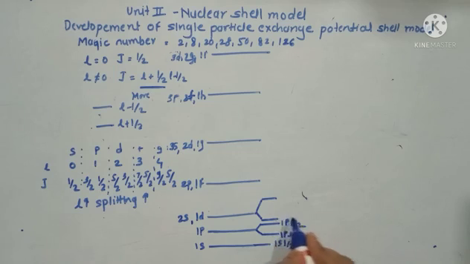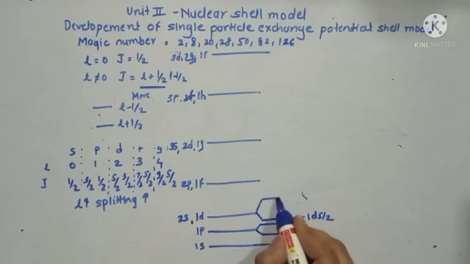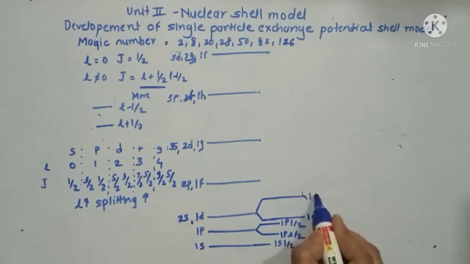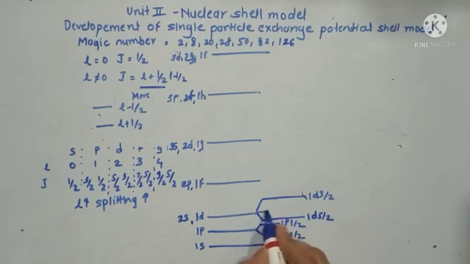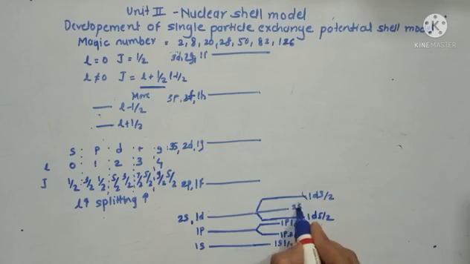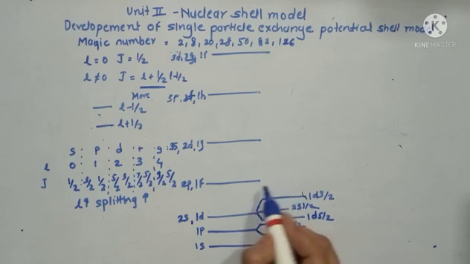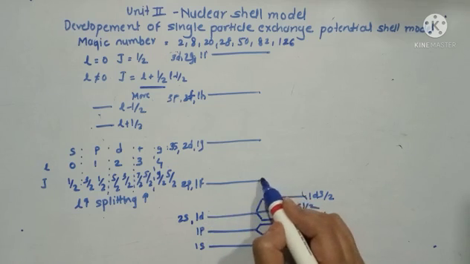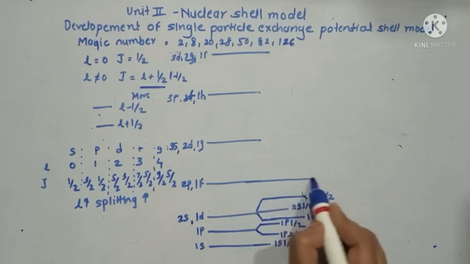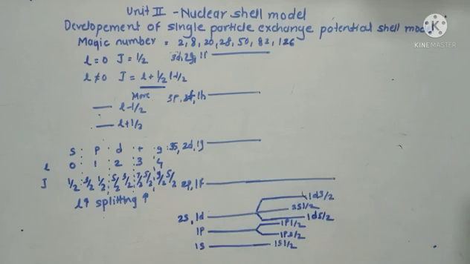So I will write it here 1d 5/2, and here it is 1d 3/2, and here it will be 2s 1/2. Now similarly, 1f will have more splitting than that of this d orbital, which I will show here further.